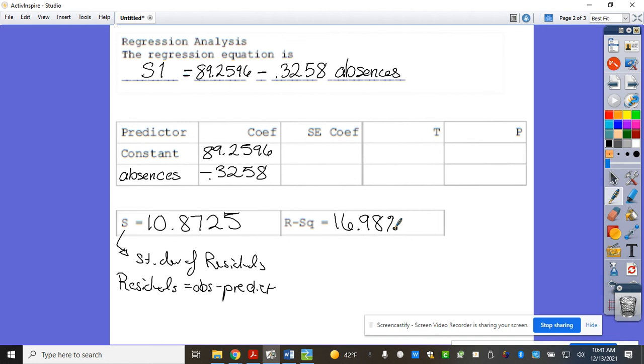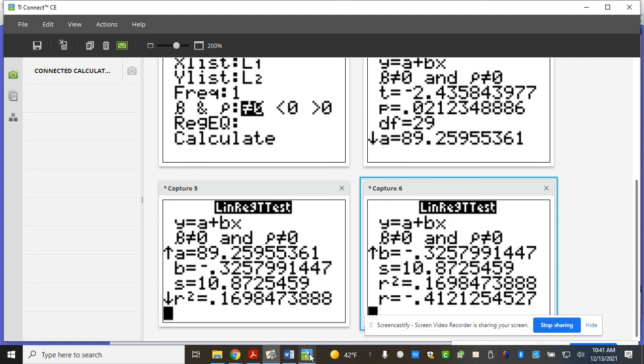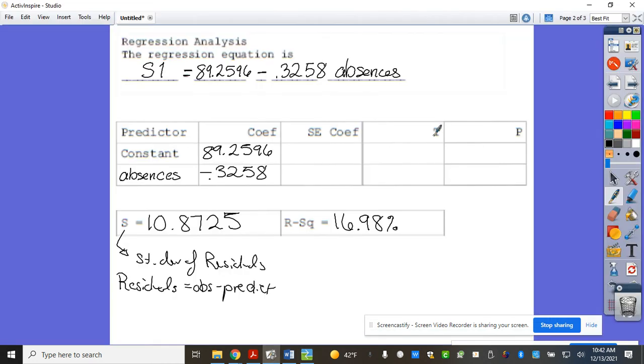So the only part that we haven't really talked about is any of this section. Looking at our calculator output, the stuff that I haven't dealt with yet are our T and our P. This is our test statistic value, which is our T. Do you think it is going to go beside absences or constant? Well, this is our y-intercept, this is our slope.